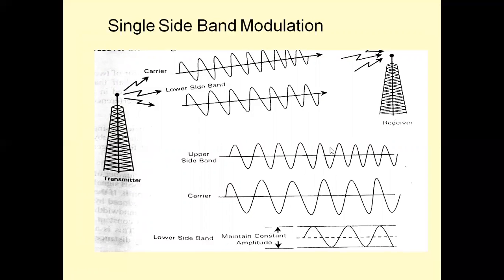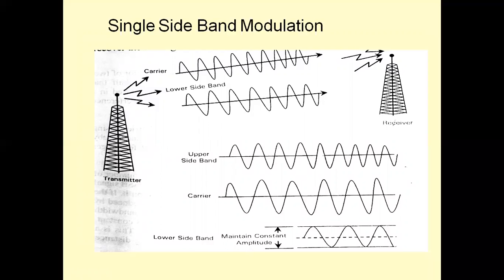In case of AM modulation, we are transmitting all these three signals, whereas in double sideband suppressed carrier modulation, DSBSC, we are suppressing the carrier and transmitting the upper sideband and the lower sideband. So if the upper and lower sidebands are transmitted while the carrier is suppressed from transmitter to receiver, it results in double sideband suppressed carrier modulation.